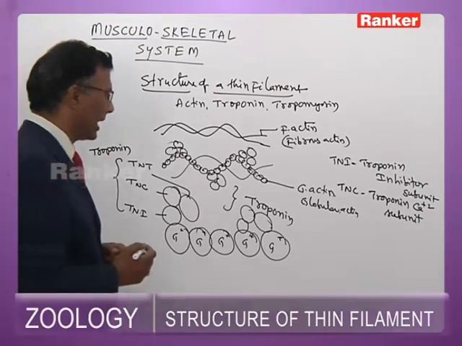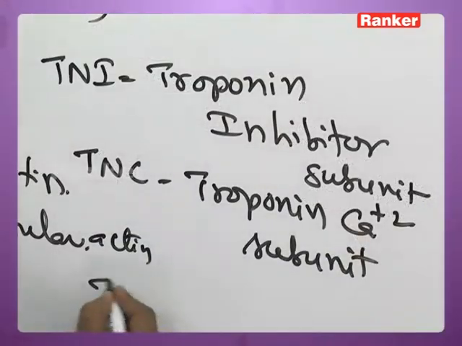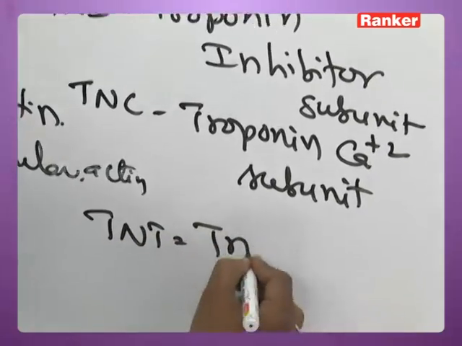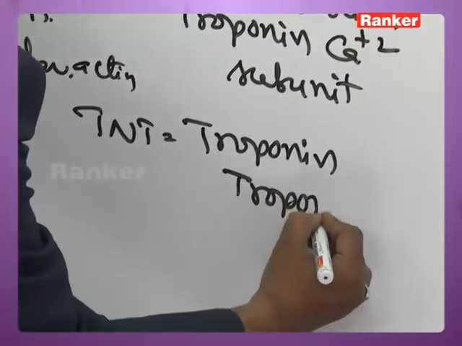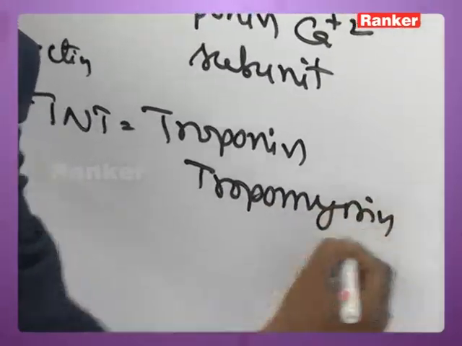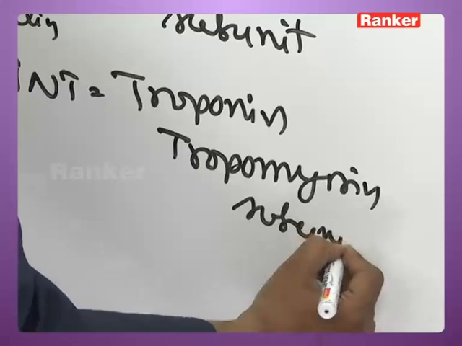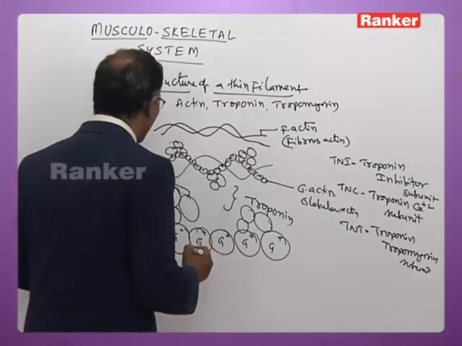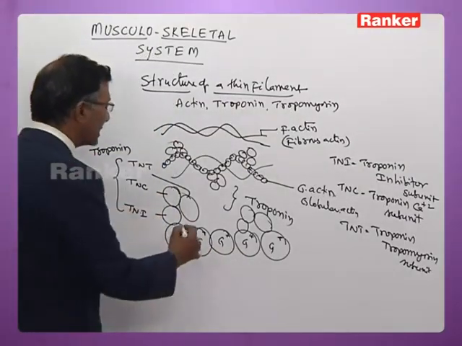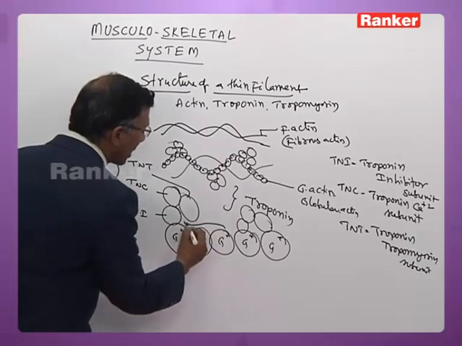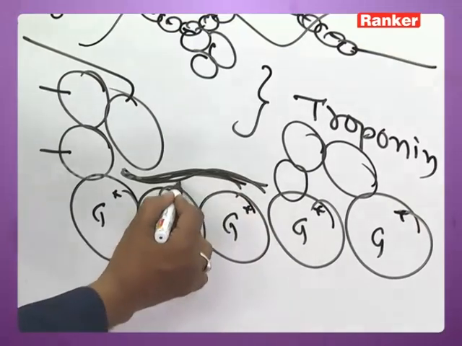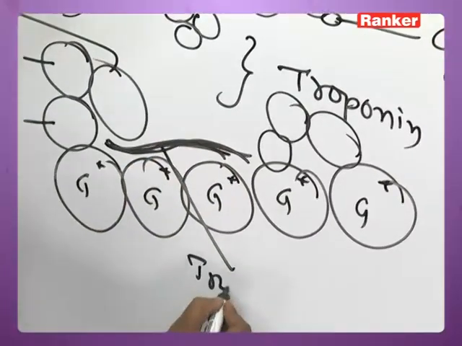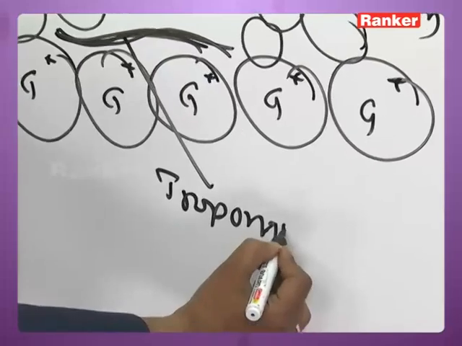Now the next protein is called TNT, that is the troponin tropomyosin subunit. This subunit partly comes in contact with TNC and partly comes in contact with another protein which lies in the groove of two F-actin strands, which is known as tropomyosin.